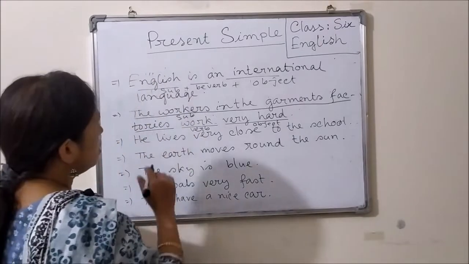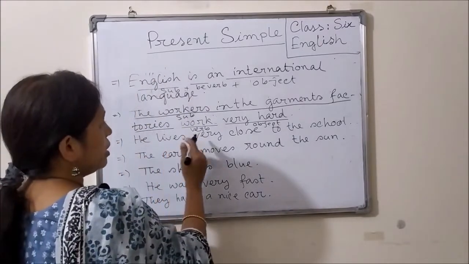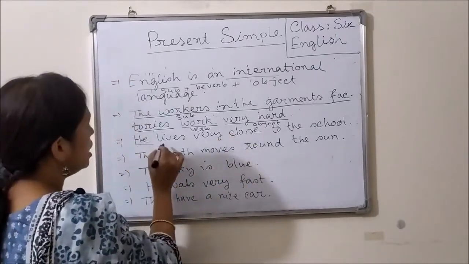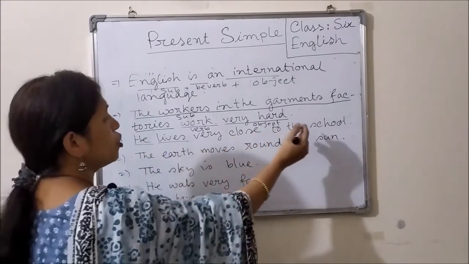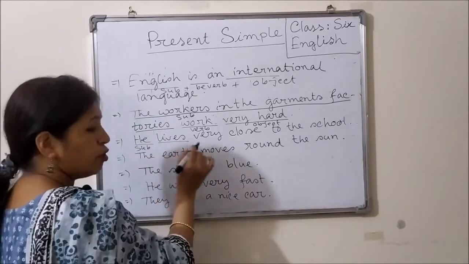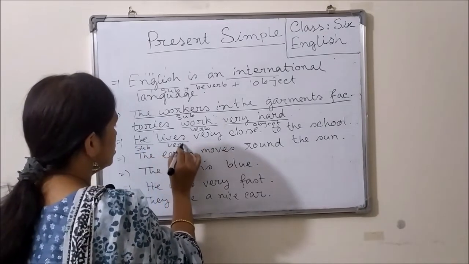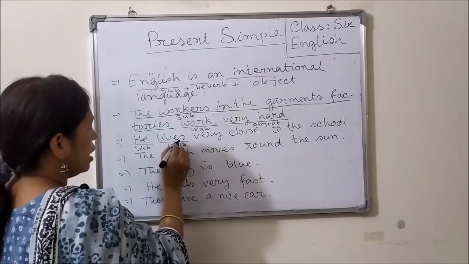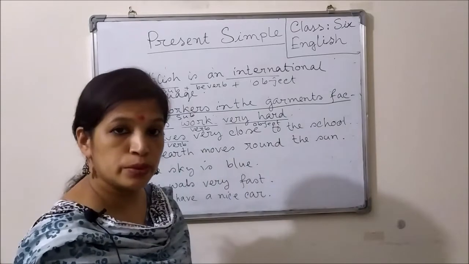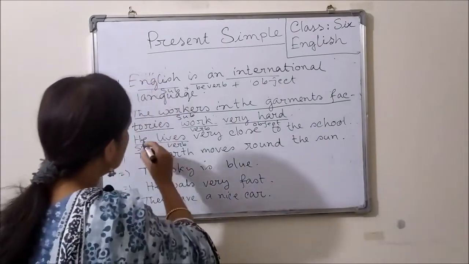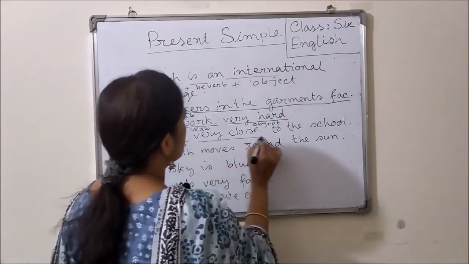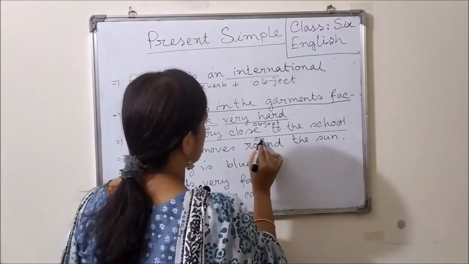Then similarly we get another example which matches with the second structure. He lives very close to the school. He is the subject. Then the base form of the main verb is live. We have used s because he is third person singular number. Then very close to the school is the object.